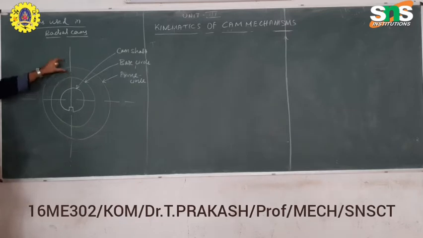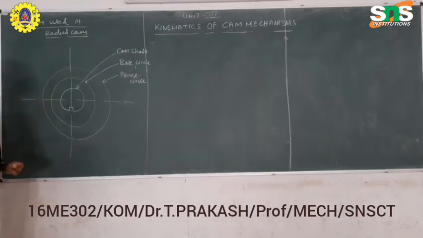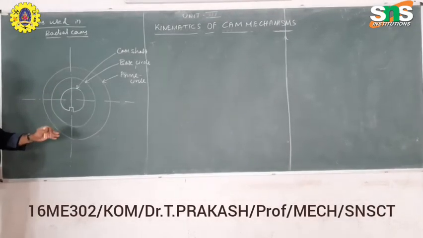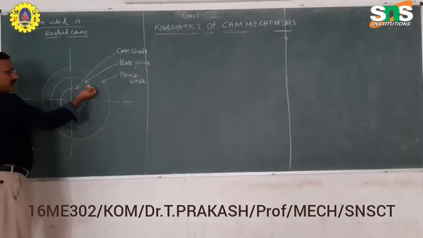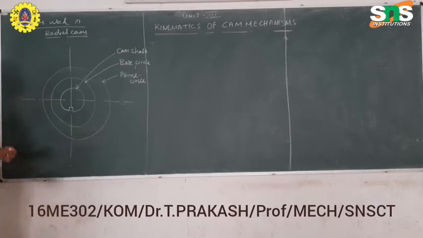The diameter is somewhat higher than the base circle. The prime circle is mostly for a roller follower only. For other followers, for example knife edge follower or flat faced follower, the base circle acts as the prime circle. It acts as a base.